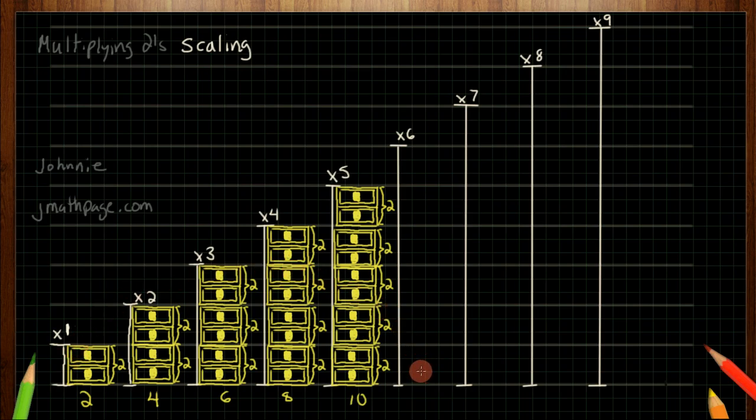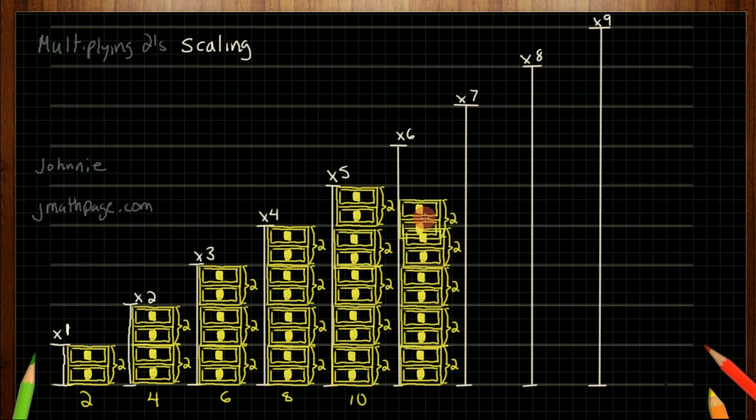What about 6 stacks of 2 boxes? Well, 1, 2, 3, 4, 5, 6 stacks of 2 boxes. How many is that? 2, 4, 6, 8, 10, 12 altogether. 12 is 6 times as much as 2.